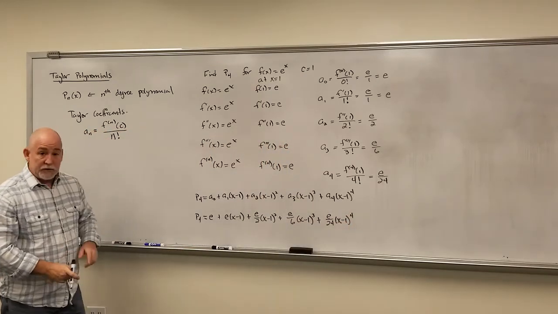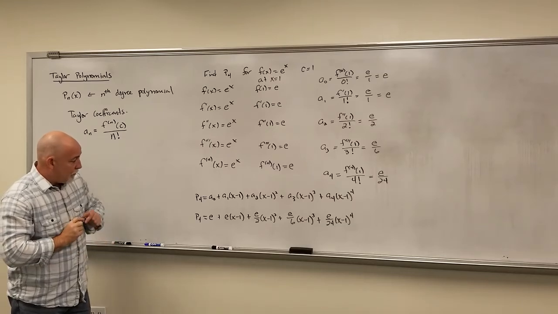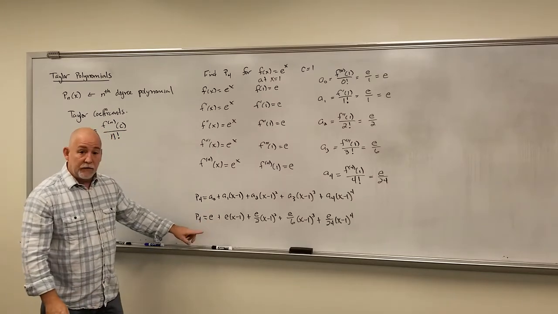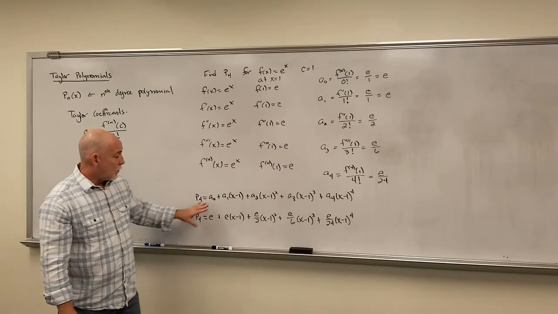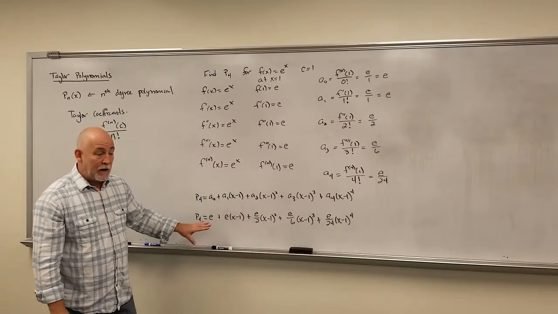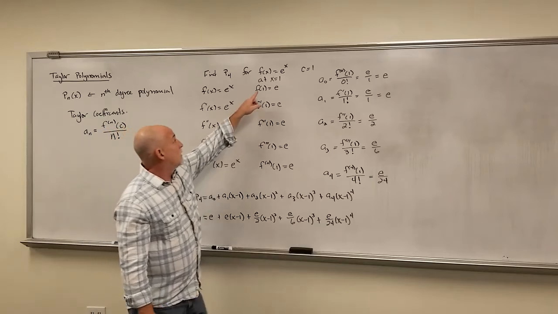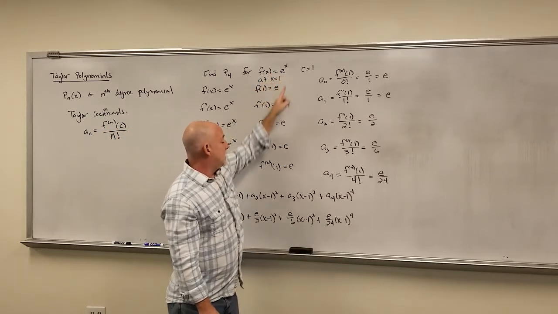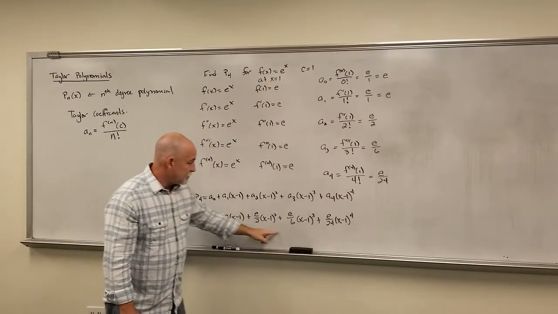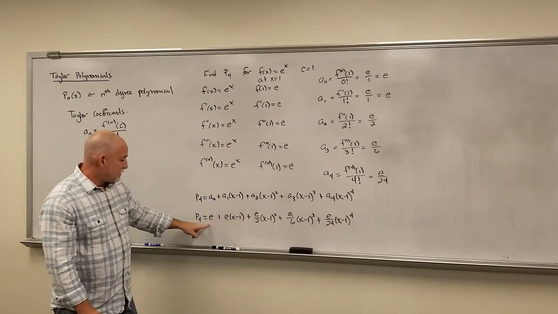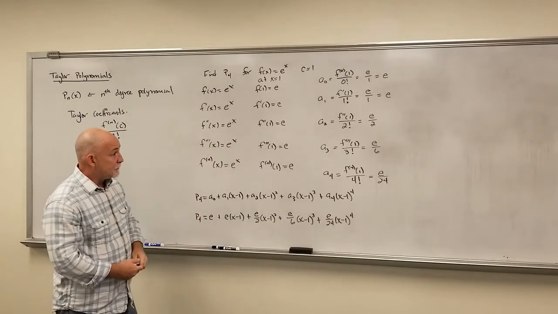All right, so pretty scary looking, but that will approximate the function. Now you can see not only does it approximate the function around the center, around 1, at 1 it is exactly equal to the function, right? If we plug 1 into there, we just get e. If you plug 1 into this mess, every term goes away except for the first one, which is e.